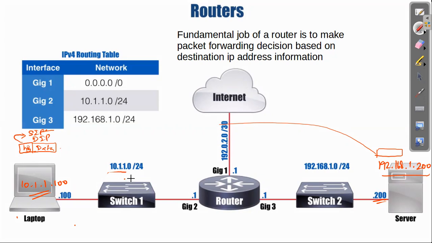A layer 2 device always uses MAC addresses, but the router uses IP addresses. The IP address details will be in the routing table. This is called the routing table, existing in the router. And the router also has an ARP table.